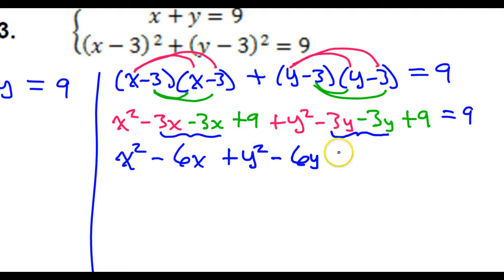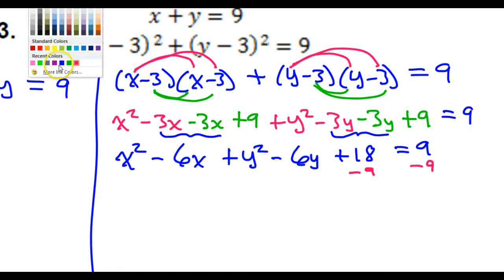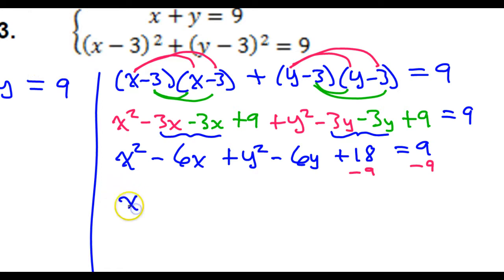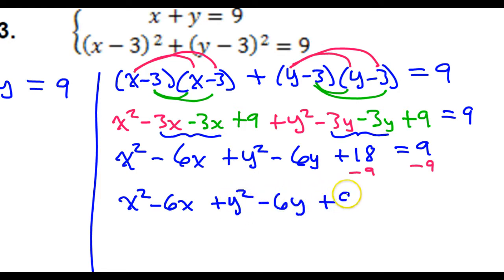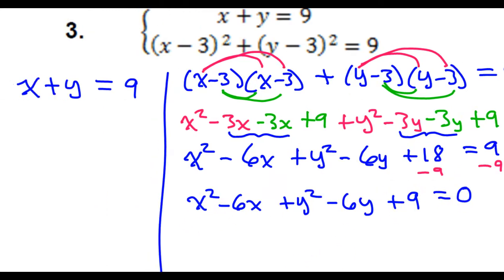And then I have plus 18, that's my 9 plus 9, is equal to 9. And I really need to subtract 9 from both sides. So if I do minus 9, then I have x squared minus 6x plus y squared minus 6y plus 9 equals 0. So this is general form.